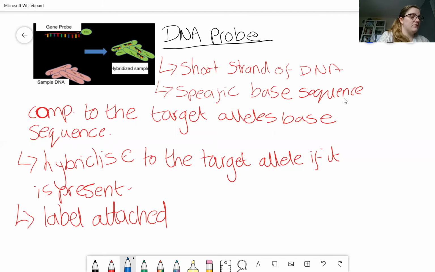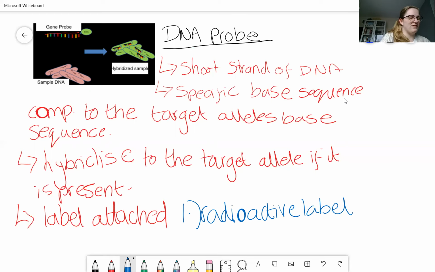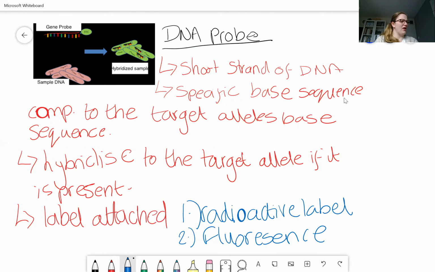There's more than two types of label, but the two most common that you need to know about are, first, a radioactive label, which would be found using X-ray film, and second, a fluorescent label, detected using UV light.